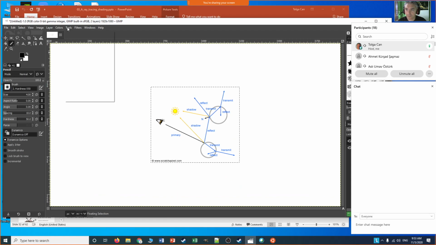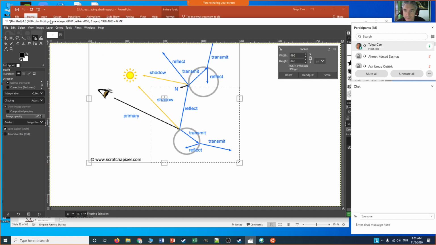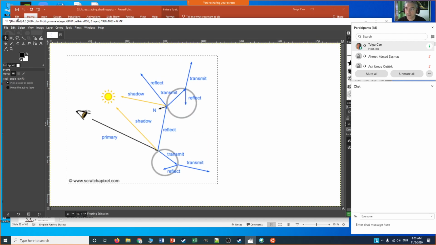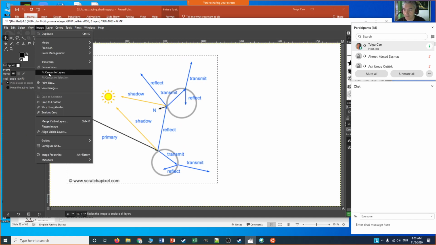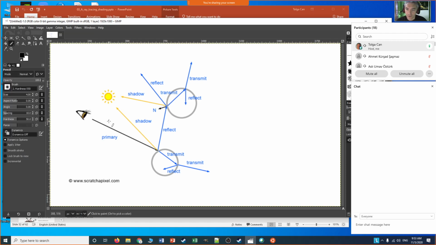Okay, so let me scale this up a little bit and move it. So what I mean is this. Flatten the image and then, yeah. We have actually an image window here, which is not shown in this figure, right?